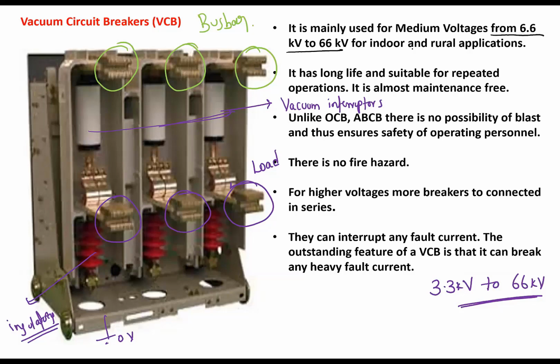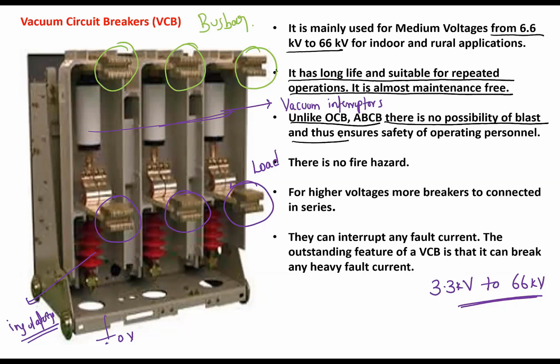Understand? It has a long life suitable for repeated operations, and it is almost maintenance free. If you read the second point, it has long life suitable for repeated operations, and it is almost maintenance free, zero maintenance. Unlike the OCB, the oil circuit breaker, and the air blast circuit breaker, there is no possibility of blast.